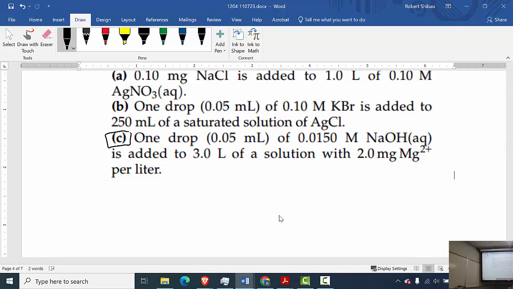All right, and so the precipitate we're interested in is magnesium hydroxide, solid. And this is going to be in equilibrium with magnesium 2+ and 2 hydroxides here. And so the first thing we need is a K_sp value for that. And so we've got to look that up in the book.